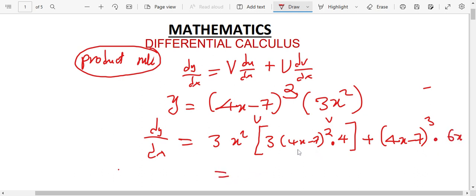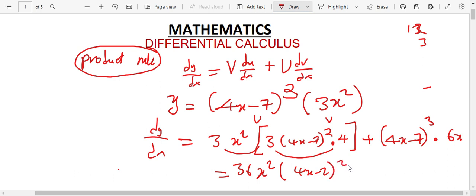Simplify: multiply this 3 times this 4, that will be 12, and then multiply by a 3, so that will be 36. And then we have x squared, and we write (4x minus 7) to the power 2, and then plus, I'll write the 6x in front of (4x minus 7) to the power 3.